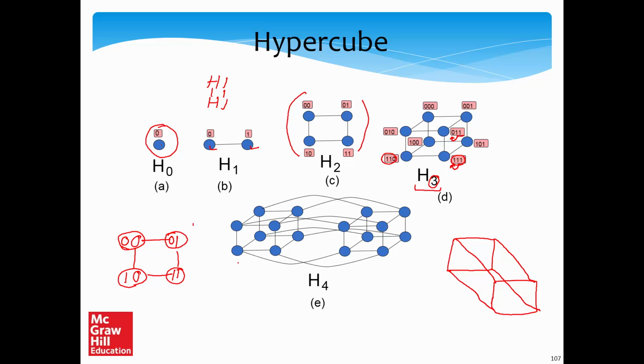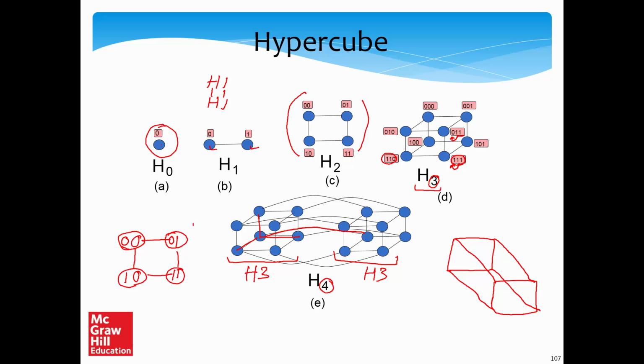So if we do the same for hypercubes of order 3, we can have a hypercube of order 4, which is similar. We take one hypercube of order 3, another hypercube of order 3, and just connect the corresponding nodes. So in this case, each node will have 4 neighbors. For example, this node has 4 neighbors: this one, this one, this one, and this one.